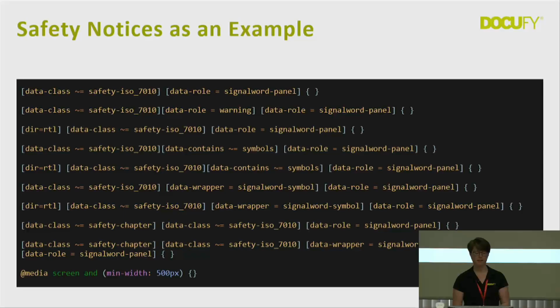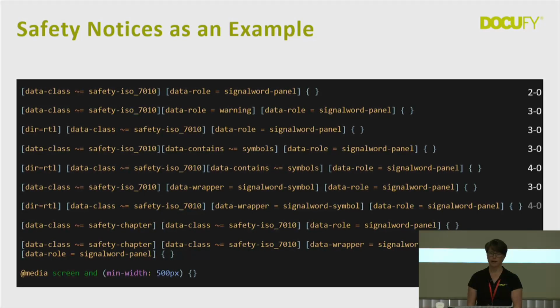So we still have SCSS, which helps us organize the selectors, but all those selectors become more specific, which makes them also less predictable. And they may conflict with any additional requirement, and the specificity is increasing even much more.